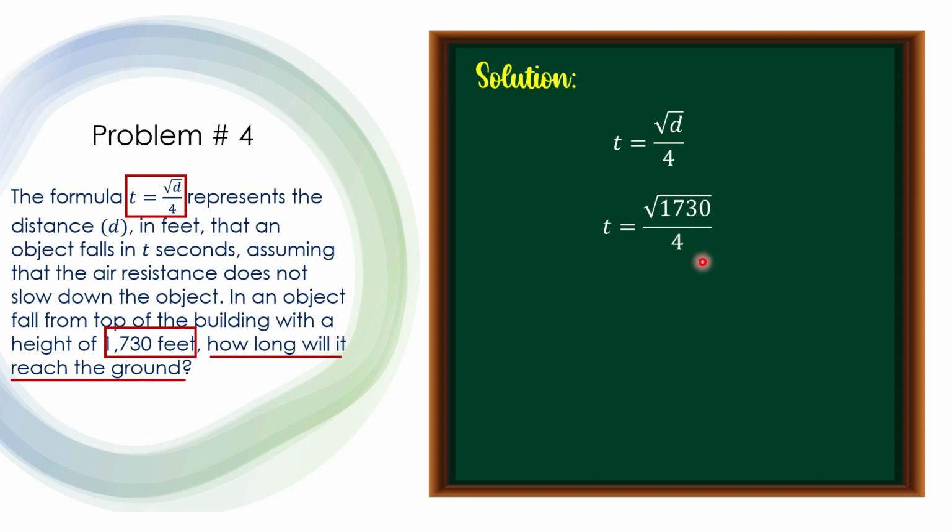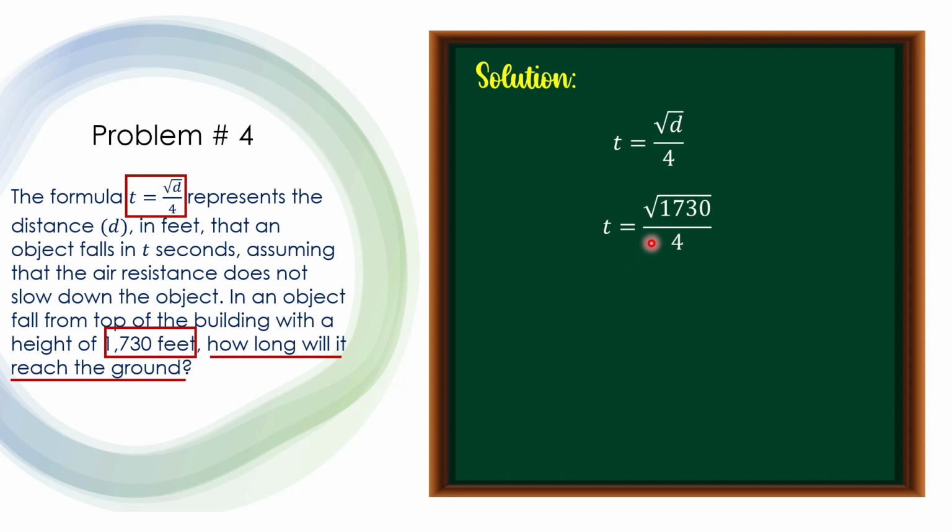This one is different from what we did in our first 3 examples, in which we simply found the numbers by squaring both sides in order to remove the radical symbol. But in our case, we will not do that. Why? Because the t here will be affected, in which this one will be equal to t squared, and we will just go back to the radical symbol just to eliminate the square on our t.